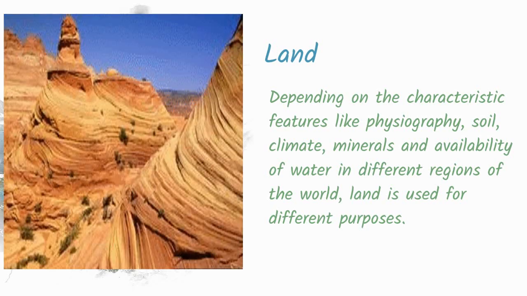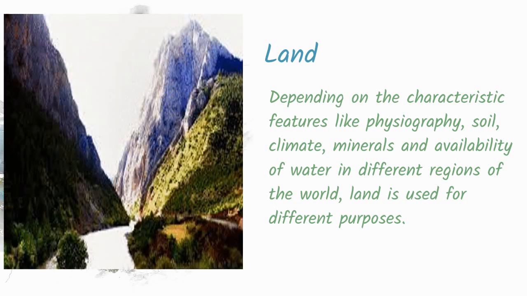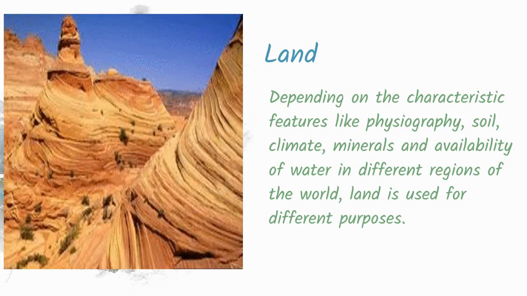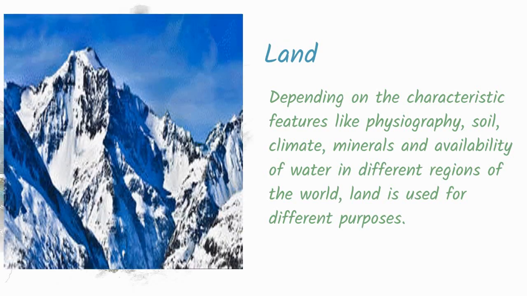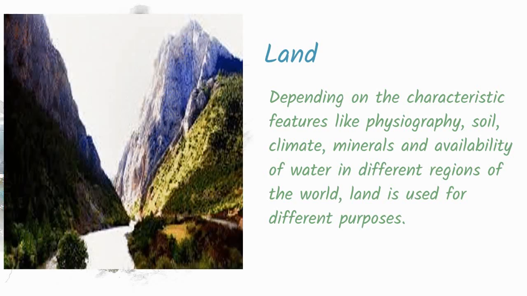Depending on the characteristics of land and climate, various living things are found on the land in different proportions. The distribution of these living organisms, including humans, is not uniform, meaning it's not the same everywhere.